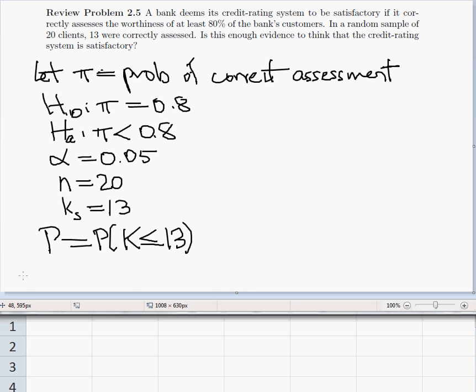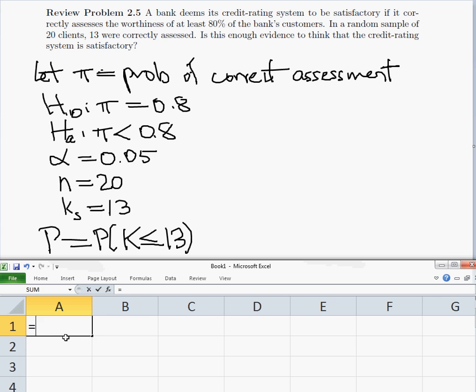I would have expected 16 people under the null hypothesis to have been correctly assessed. I only got 13, so what's the chance of seeing something like this or something even more extreme? So the p-value is equal to the probability of 13 or fewer successes. In Microsoft Excel, the command is BINOM.DIST of 13, 20, 0.8, true.